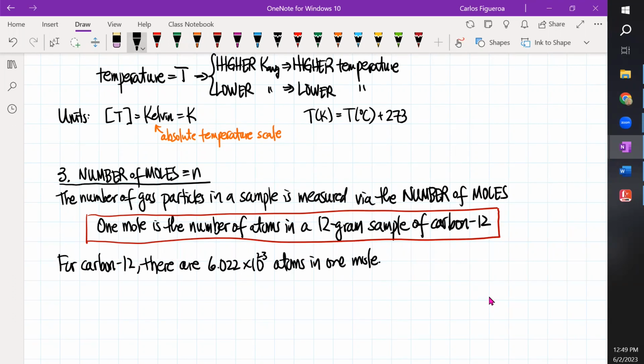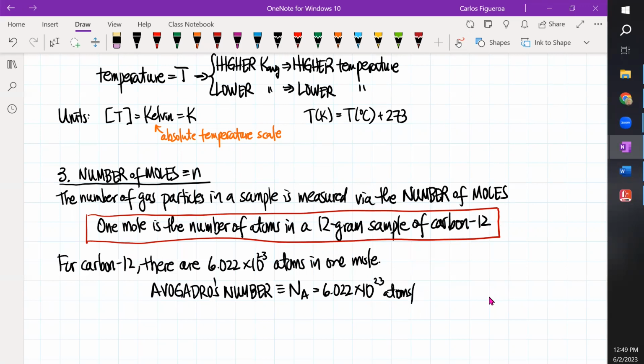And the way we display this is we talk about a number called Avogadro's number, which they define as Na, and this is equal to 6.022 times 10 to the 23 atoms per mole.